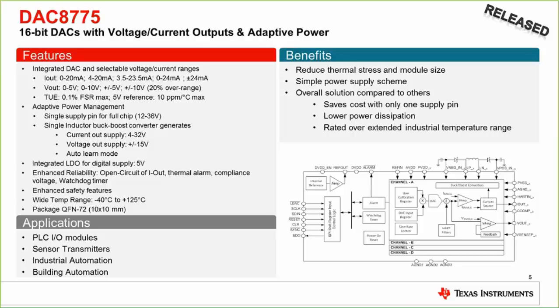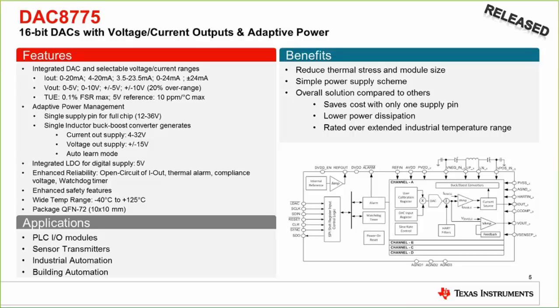So 0 to 20 milliamps, 4 to 20 milliamps, this 3.5 to 23.5 milliamp span, which maybe looks a little bit odd, but this was designed to accommodate the so-called NAMUR specifications, which allow for 4 to 20 milliamps as signaling, but then overcurrent and undercurrent conditions to indicate alarms. 0 to 24 milliamps, the widest unipolar span, along with plus minus 24 milliamps, which is a unique case, but there do exist some PLC modules.